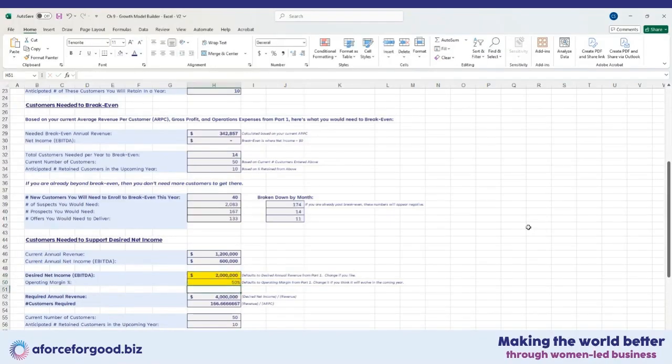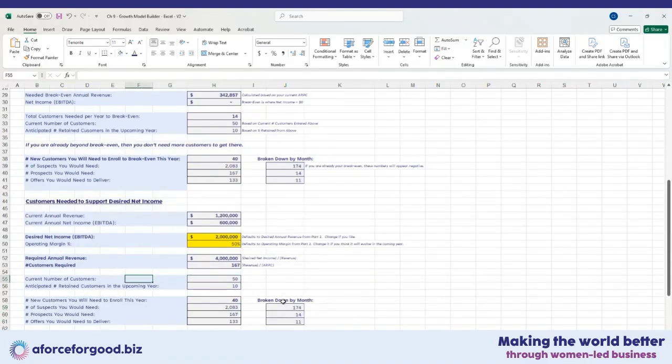To do that, you're going to need 4 million and retain current number of customers. You have 50. You're going to retain 10, which means you need 40 new customers. And the number of suspects would be 2,000, prospects 167, offers 133.